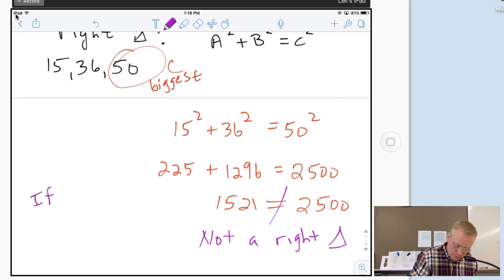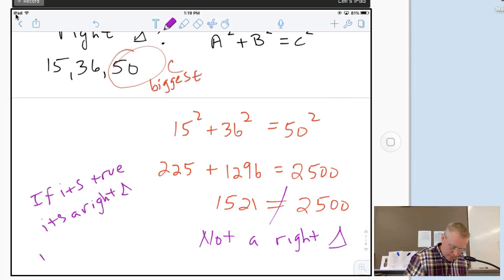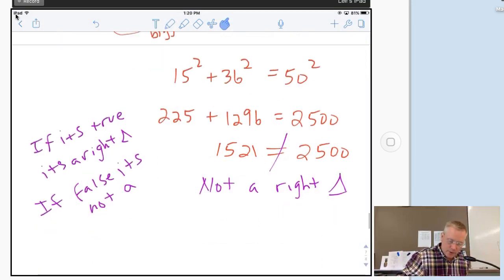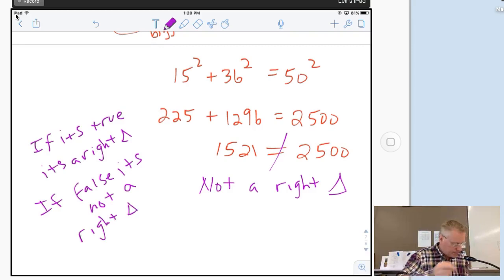If it's true, it's a right triangle. If false, it's not a right triangle. All right, and that's how you do those.